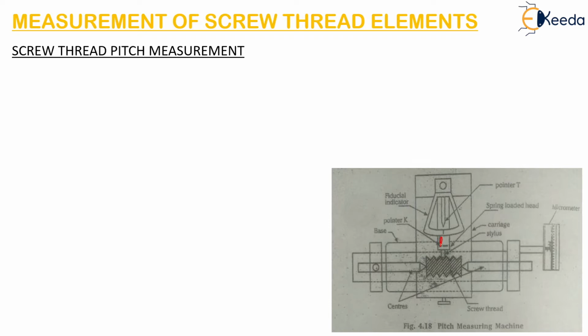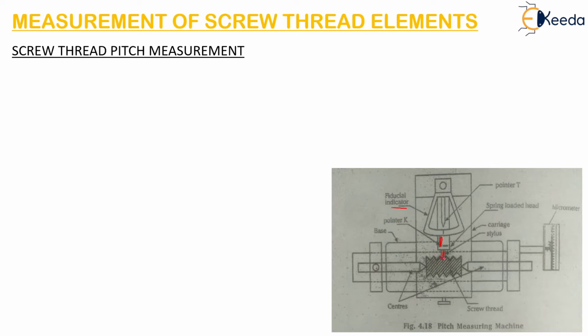So what next is done after we clamp the stylus in position? The indicator, that is this one, is adjusted radially such that the stylus is engaging between the thread flanks.